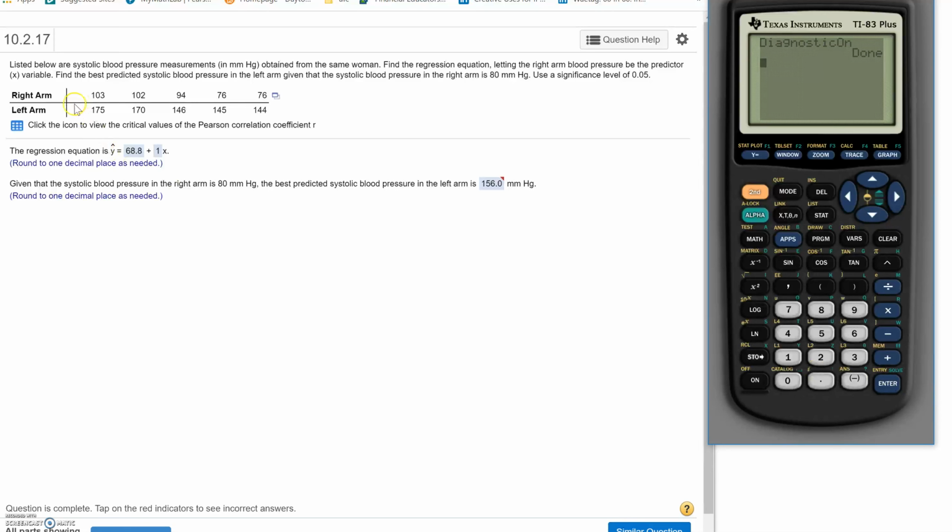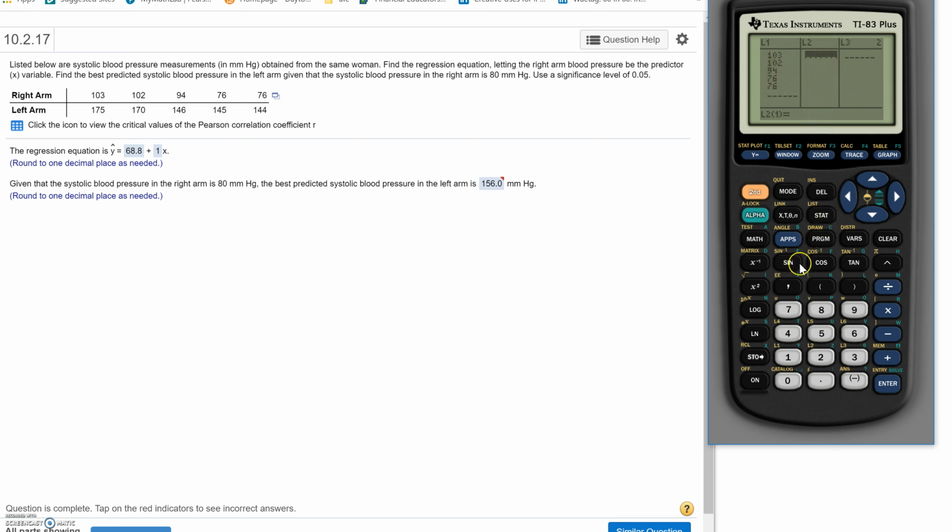So first of all, your right arm values are your L1 values and your left arm values are your L2 values or your Y values. So we go to stat, number 1 for edit, you have to enter them in a list. Now I already did the X values just to save some time.